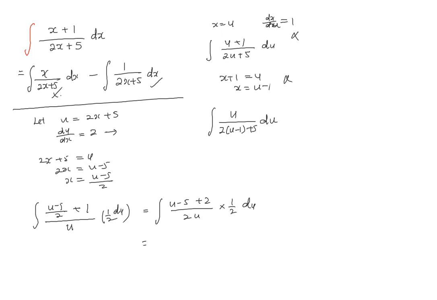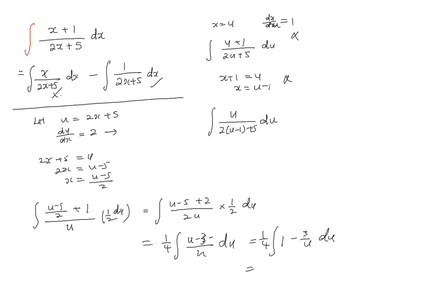So now you have 1 over 4, u minus 5 plus 2, u minus 3 over u. So you got 1/4, 1 minus 3/u du. So you solve your problem. Are you clear?